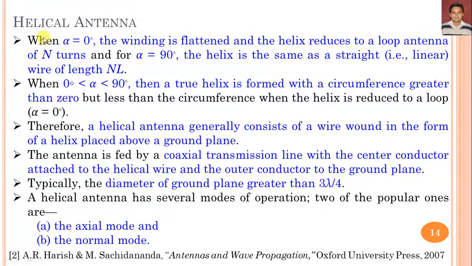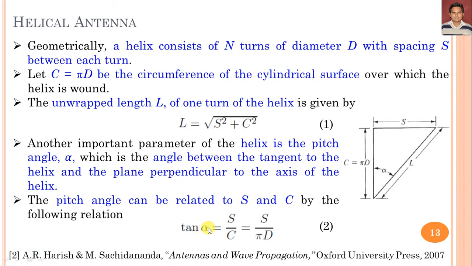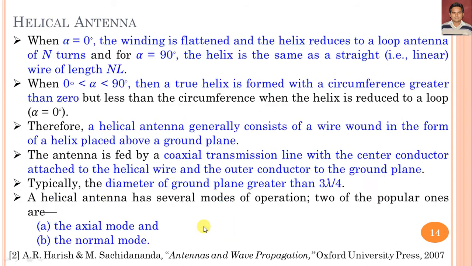Further, we can understand that if the value of alpha is equal to 0 degree, then the windings are flattened and the helix is reduced to a loop antenna of n turns. And for alpha equal to 90 degree, the helix becomes a linear or straight wire.